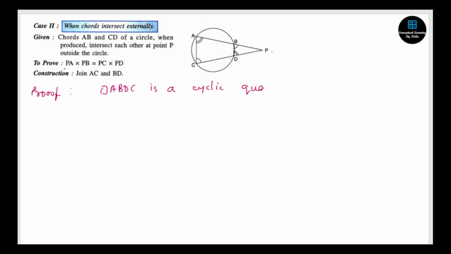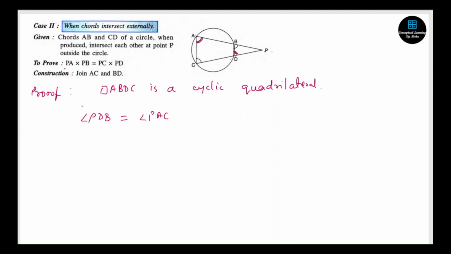And now what can I say about this angle and this angle, in circles we learned this, right? Yes, you are right. So angle PDB is equal to angle PAC.